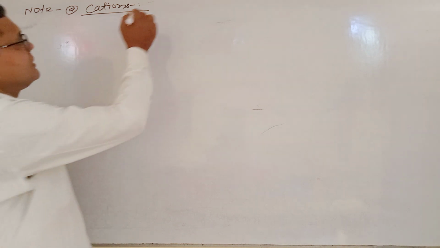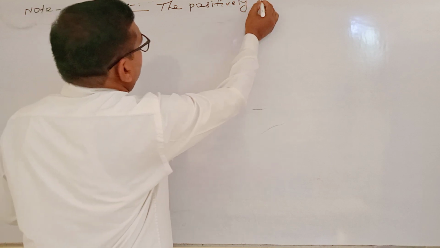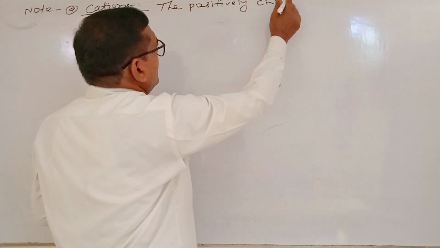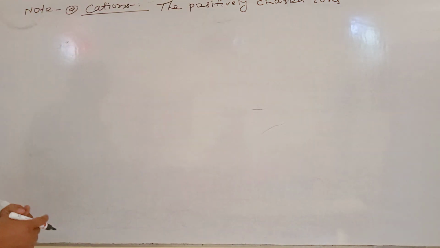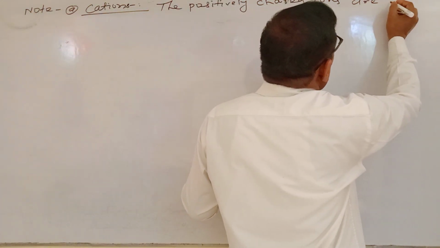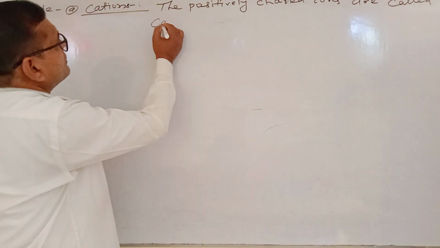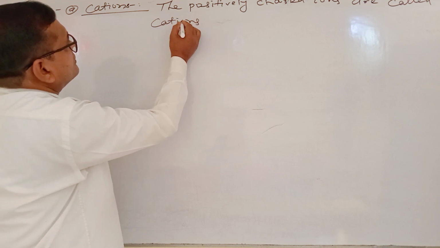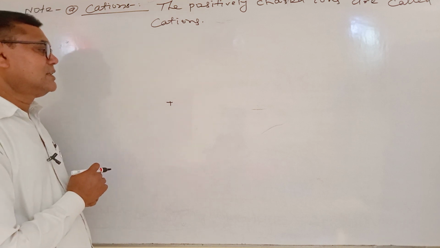Cations: the positively charged ions are called cations. Positively charged ions are called cations.